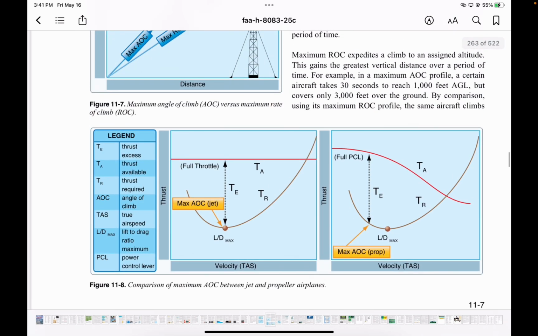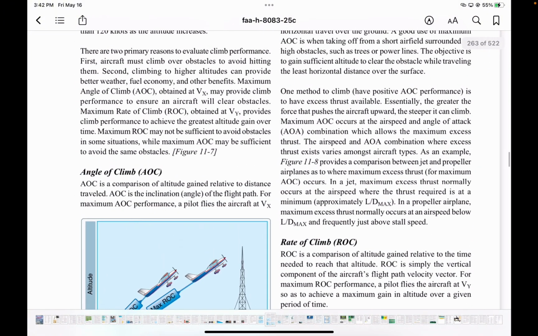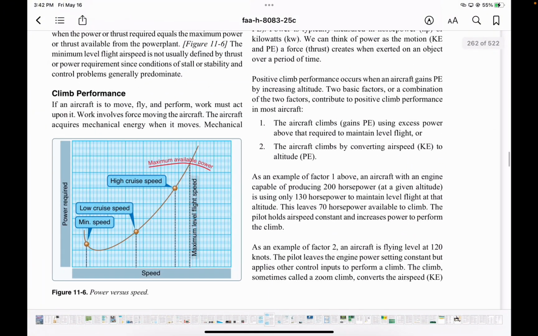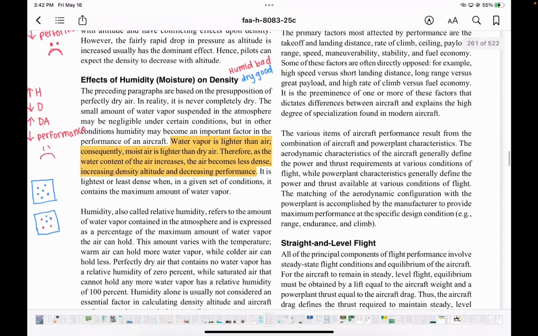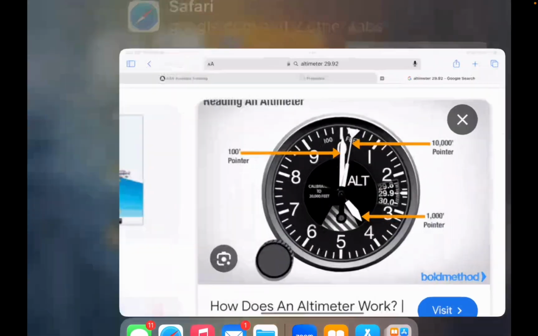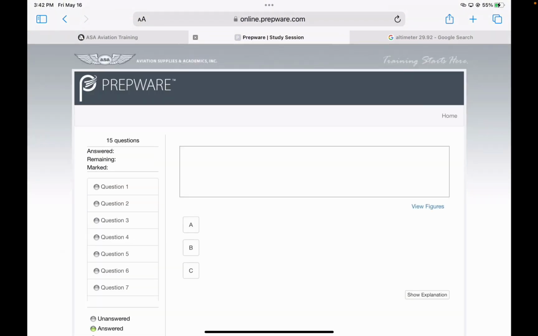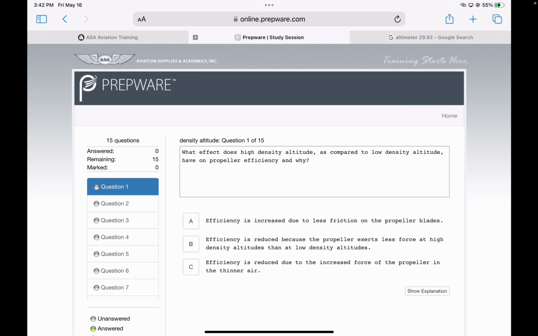I think I will make a separate video just for us to learn about it, not because we need it for the test, but we will just stop right here. And we're just going to do some practice questions because that's all we needed. We just needed that information to actually learn how to answer them. Okay, so we're going to go over all these practice questions together.